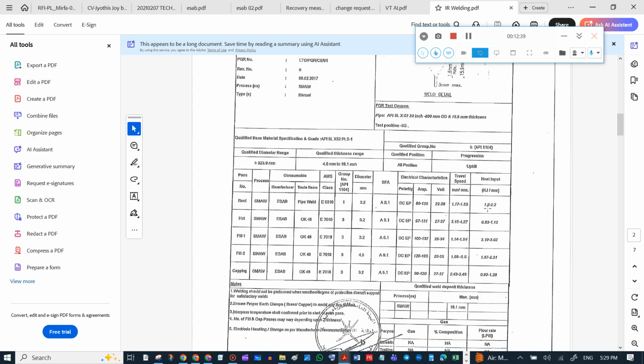The filler pass takes more time, that's why the root pass. The hot pass is in between, it can go faster. Filler pass 2.19, 1.19, and the last capping layer is 0.99 to 1.28.